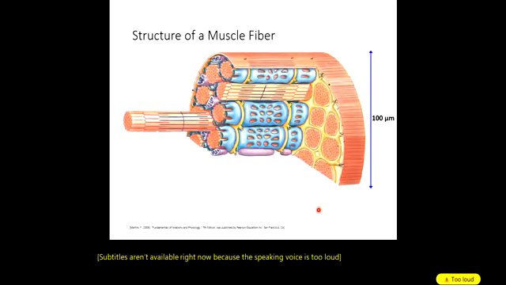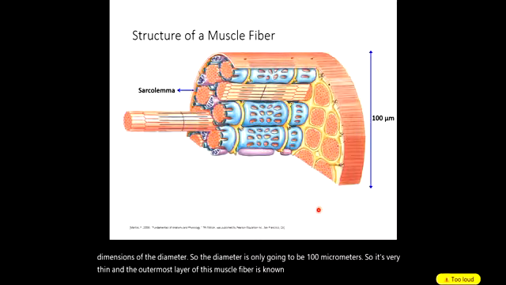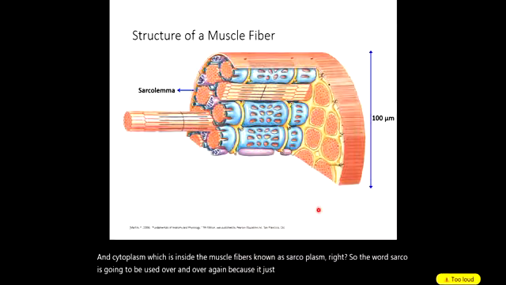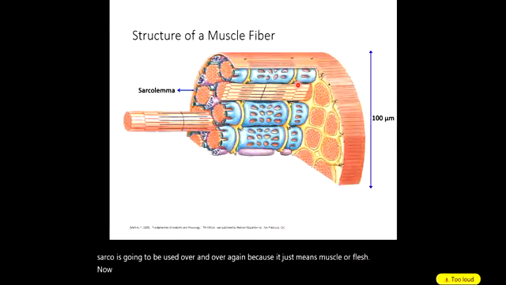And the outermost layer of this muscle fiber is known as sarcolemma, and cytoplasm, which is inside the muscle fiber, is known as sarcoplasm, right? So the word sarco is going to be used over and over again because it just means muscle or flesh.